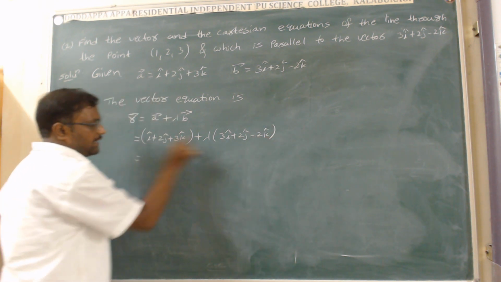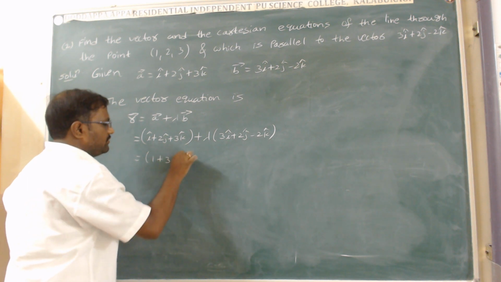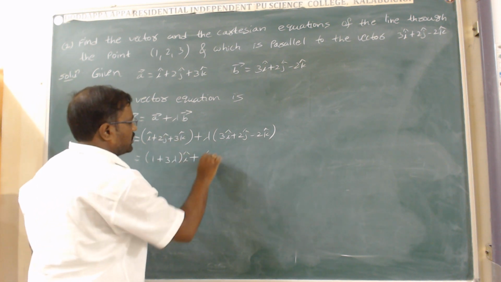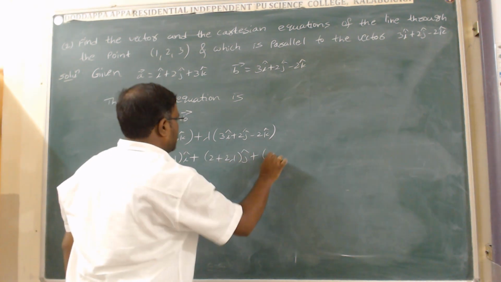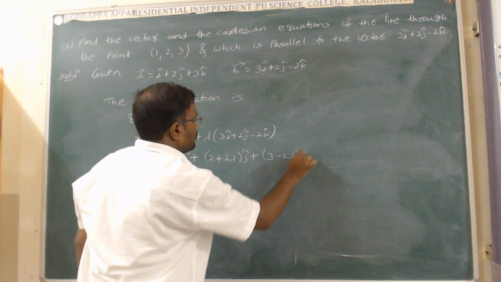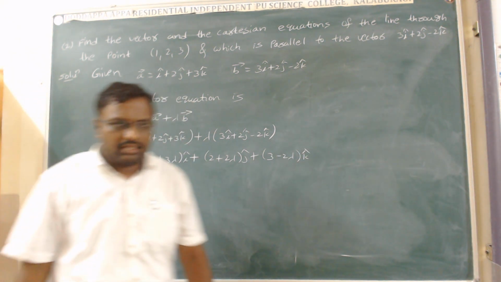So if you add these two, we get (1 plus 3 lambda) i plus (2 plus 2 lambda) j plus (3 minus 2 lambda) k. Okay, this is the vector equation of the line.